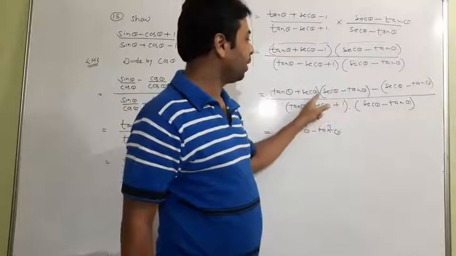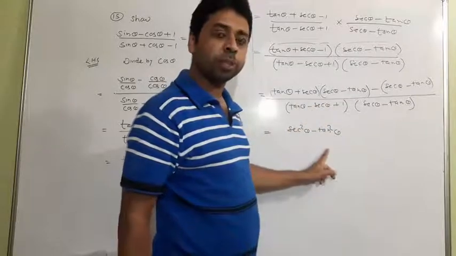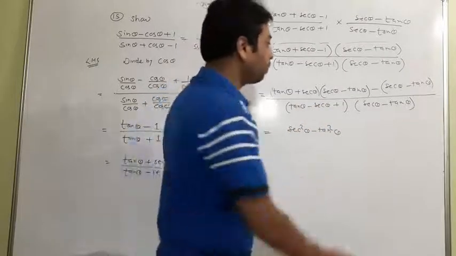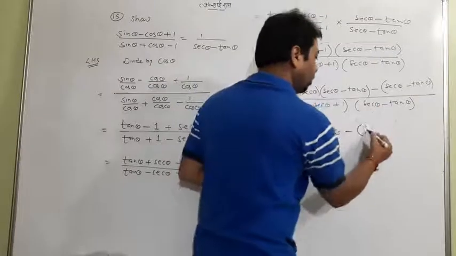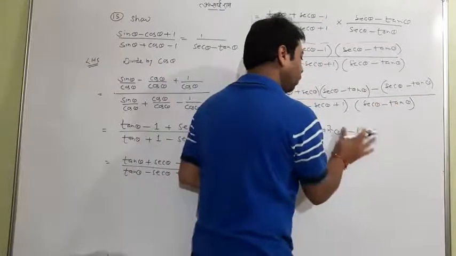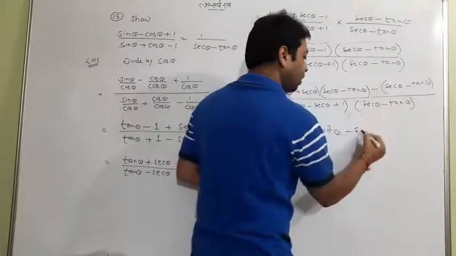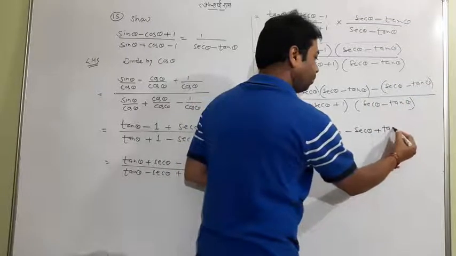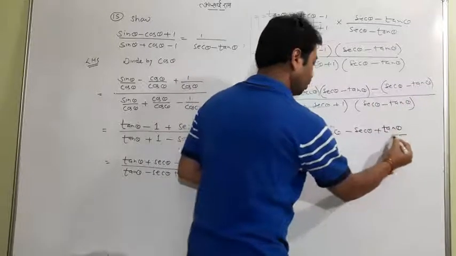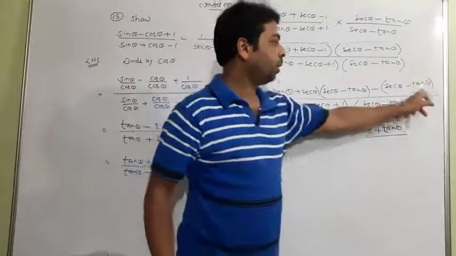It's a square minus b square, sec square minus tan square. And minus whatever the term is, open the bracket all the way. It's sec theta plus tan theta.